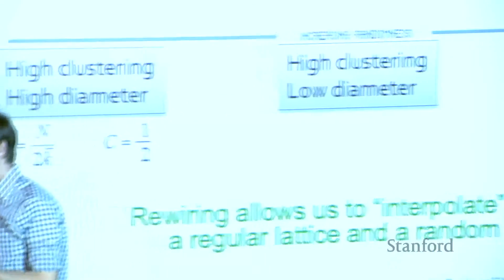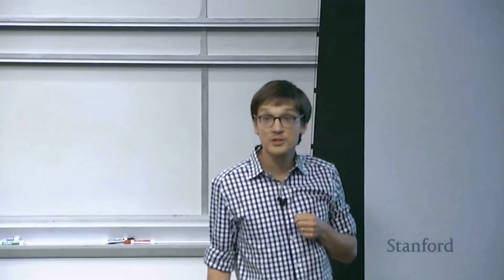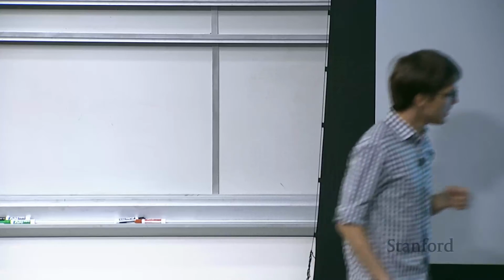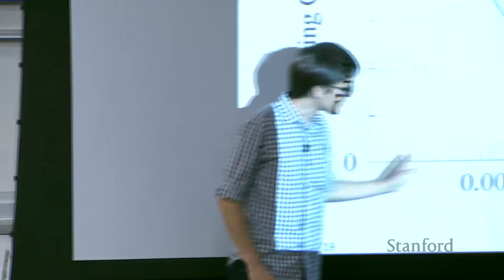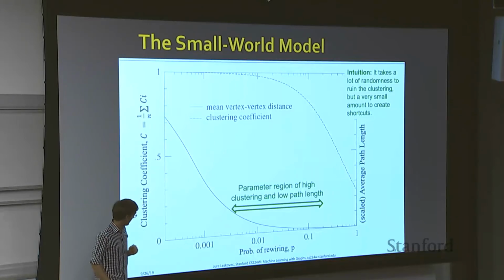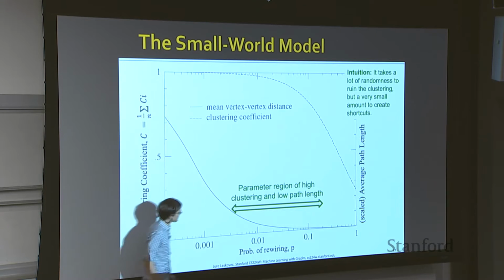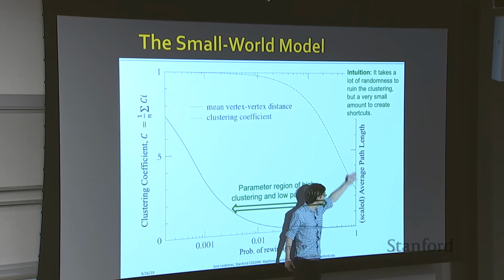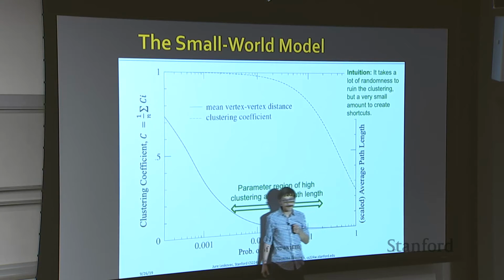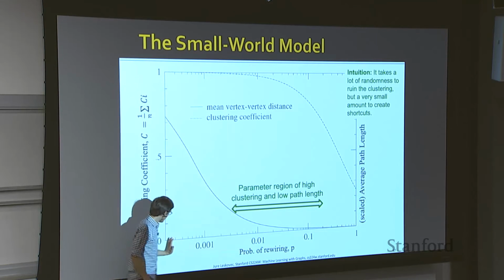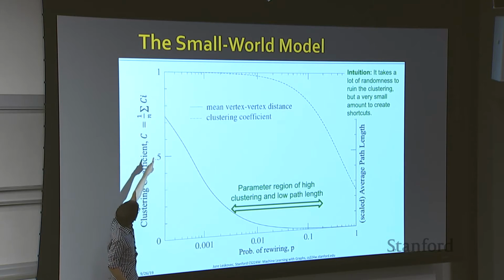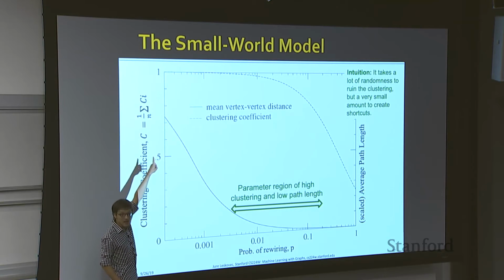And I can now show you the results of this computational experiment. So on the x-axis here, we have the probability of rewiring. The y-axis here is average clustering coefficient, and on this side is average shortest path length. When p equals 0, we have high clustering and high diameter.